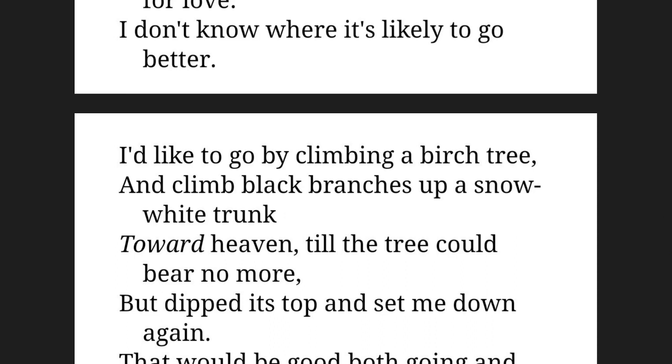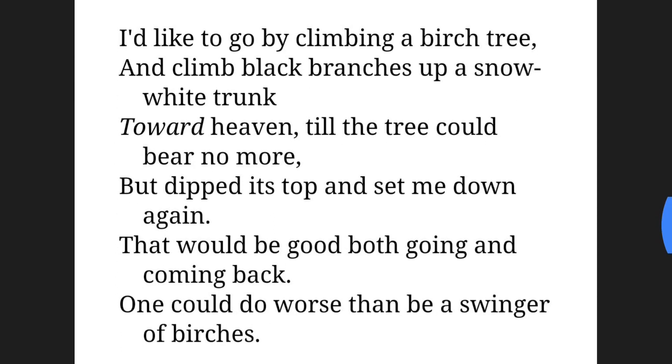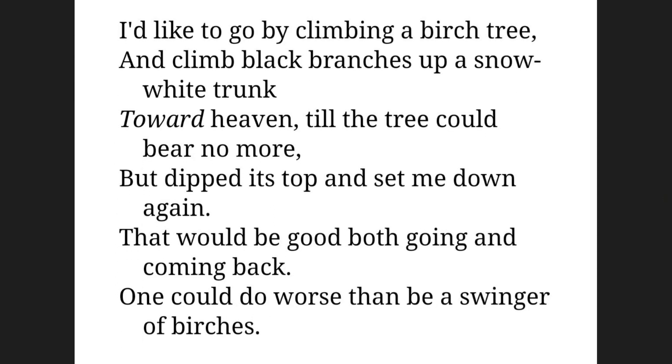I want to climb to the top toward heaven, move toward heaven till the tree could bear my load, my weight no longer. As a result, what would happen? It would dip its top and set me down once again upon this ground. That would be good, both going and coming back. So that would be a better option for me, both going away from the earth and then returning to the earth.